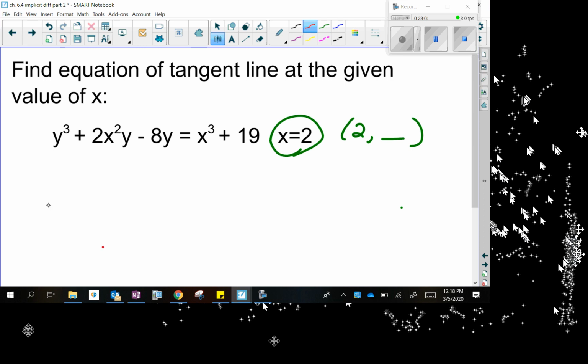So we've got y to the third, plus 2 times 2 squared y. Again, I'm just plugging in, not taking the derivative or anything. Minus 8y equals 2 to the third plus 19. This is just to find y.